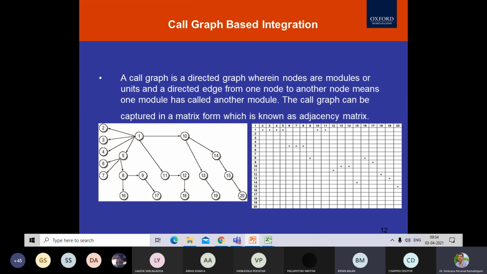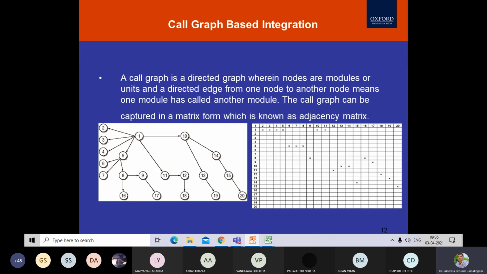If I executed module 1, will module 7 be executed or not? Will it be a part of module 1 or not? Or I can ask directly, module 7 will be a part of module 1? Yes, sir.